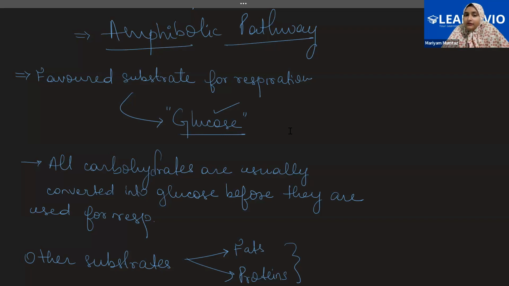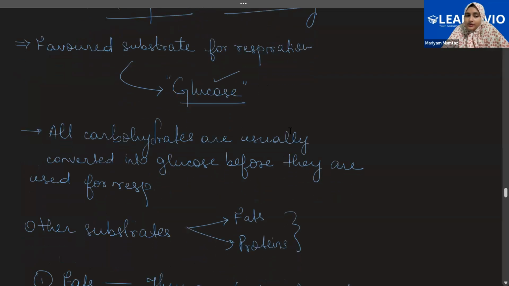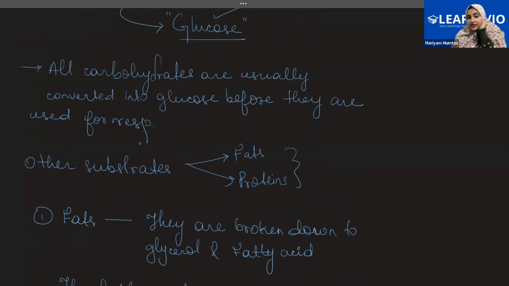See, we know that for respiration, the best respiratory substrate is glucose. And all carbohydrates are usually converted into glucose before they are used for respiration because glucose is the favored substrate for the respiration process.